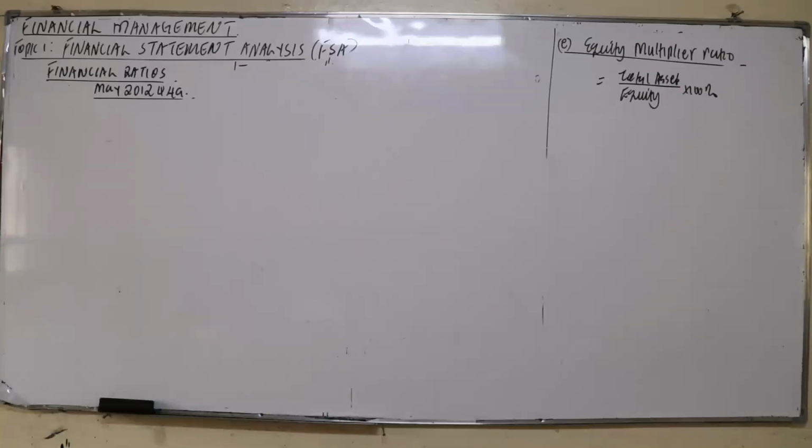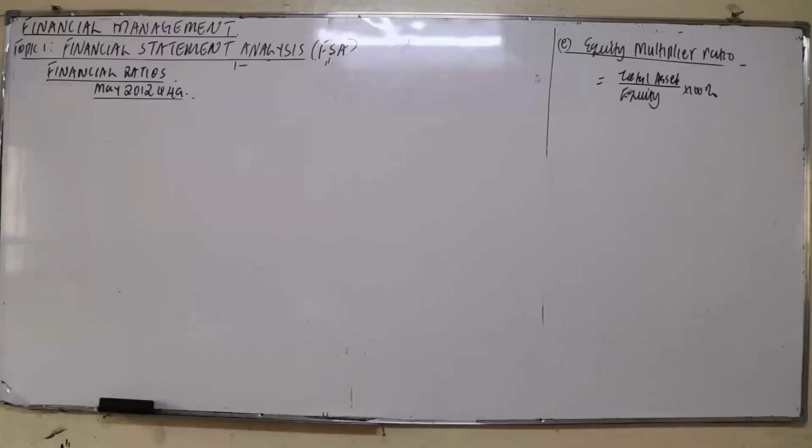So we have the 2 years given. Required: the total debt ratio for the year 2011 and 2012. Number 2 is the equity multiplier ratio, and then the capital gearing ratio.